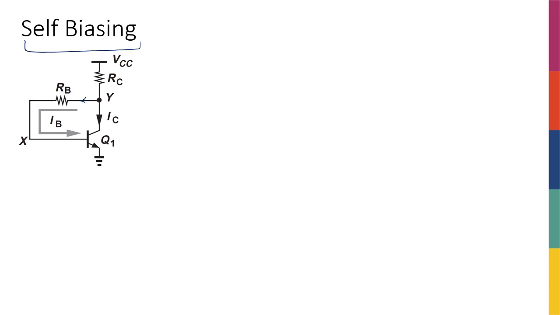So the way that this works is that I can write V collector, or Vy here, is equal to VCC minus RC IC. And then from there, I can also say that Vy is equal to RB IB plus VBE.